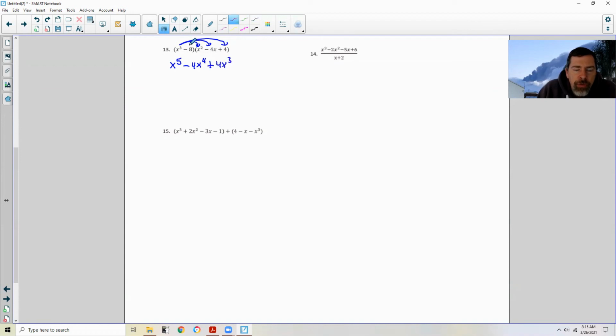Okay, switching to red. For the second part, negative 8 times a positive x squared is negative 8x squared. That's going to come over here. Since there's no terms that line up, I'll just put it right next to it. Negative 8x squared. Distribute the negative times a negative is positive. 8 times 4 is 32x.